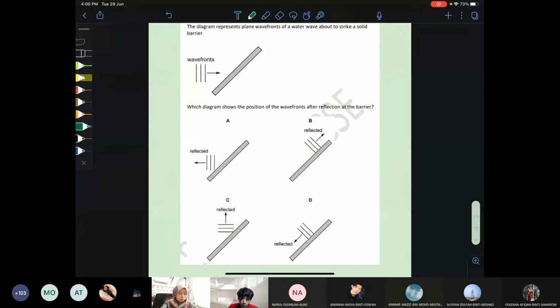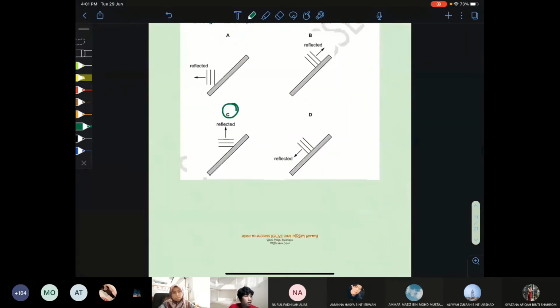Kita buat law dia. Law of reflection kata, and then it will be reflected. Kenapa mesti begitu? Angle mesti sama, I dengan R, reflection. So mana yang menjawab sana? Oh, macam senang sangat soalan ni kan? Only C kan? Tak ada possibilities.